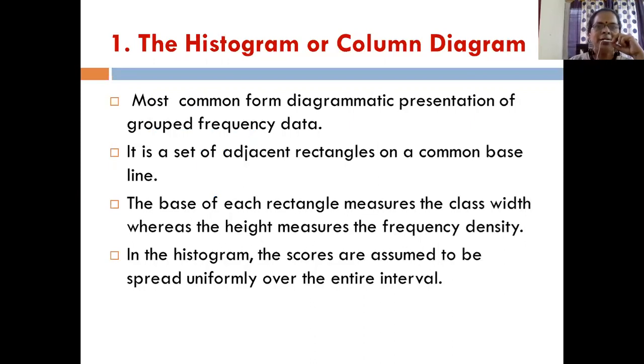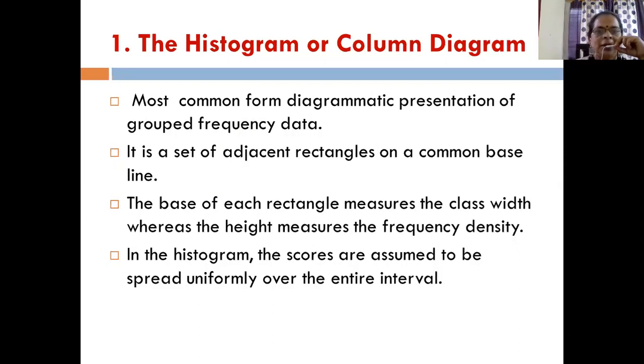So what is meant by histogram? It's a type of column diagram. You have studied bar diagram, that is also one type of column diagram. But according to the syllabus, here we are discussing only the histogram. It is the most common diagrammatic representation of grouped frequency data.